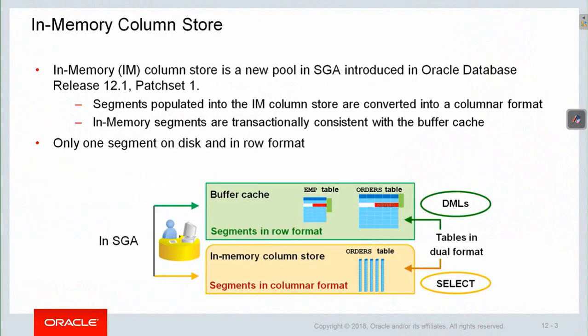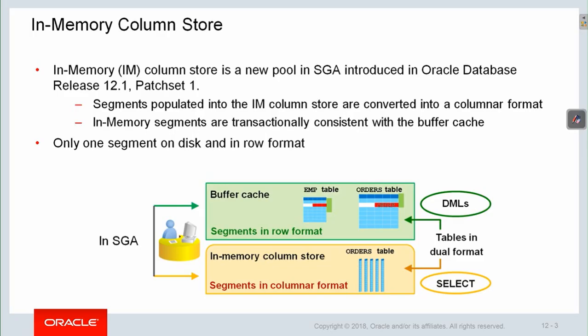The In-Memory Column Store is just a small memory component. Actually, I'd better say it is part of the SGA memory, and it was available in 12.1 patch set 1. We can store the data in this memory in columnar format.